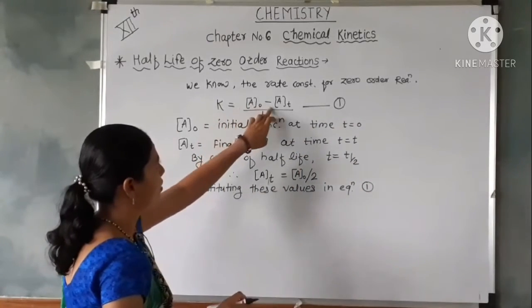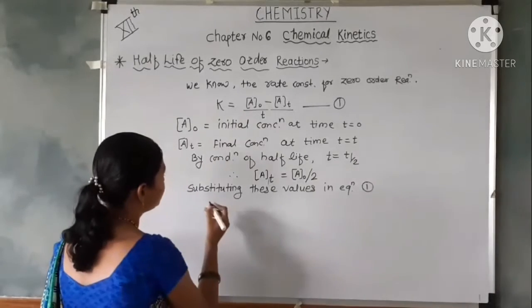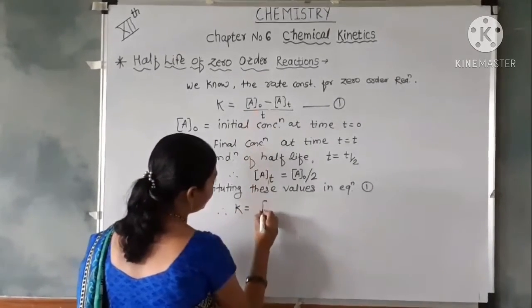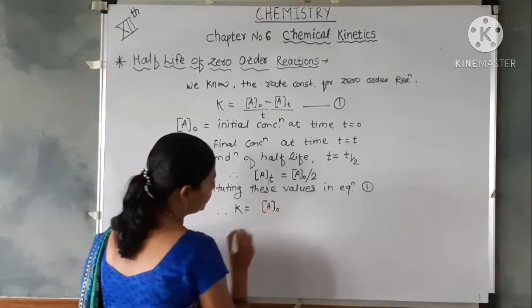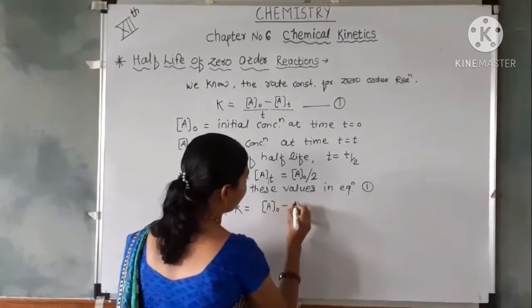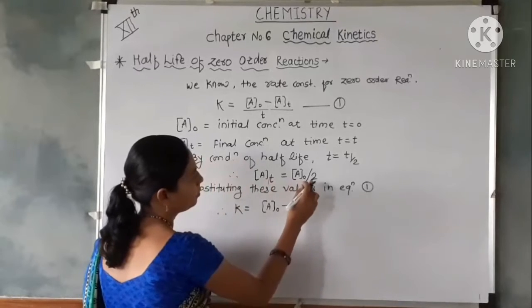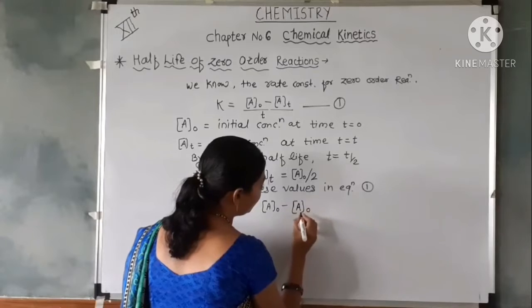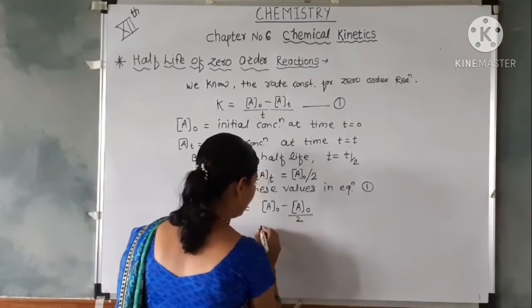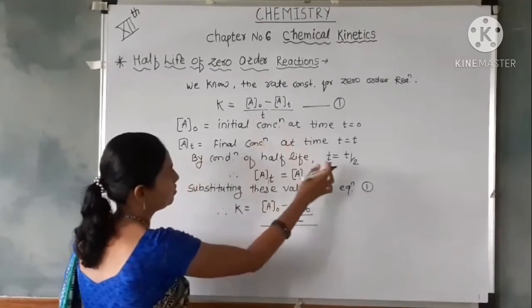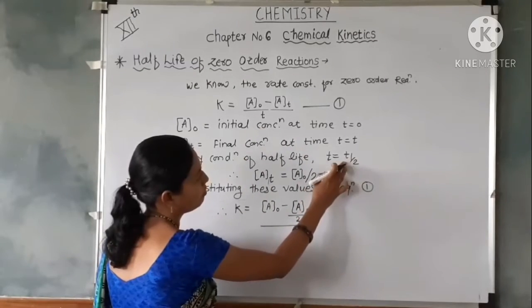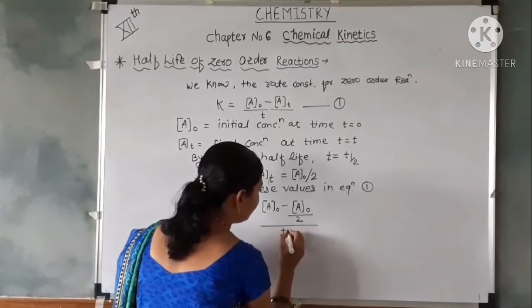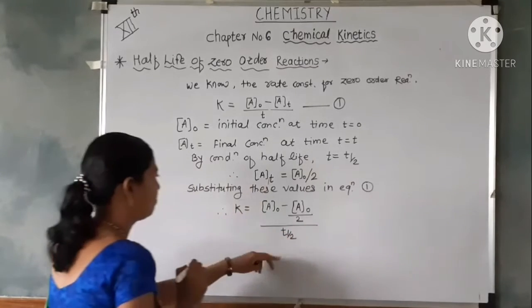k is equal to [A]0 minus [A]t upon t. Substituting these values, we have k equals [A]0, the initial concentration as it is, minus [A]t, which is [A]0 upon 2, divided by t, which is t 1/2, because we have to calculate the half-life of zero order reaction.